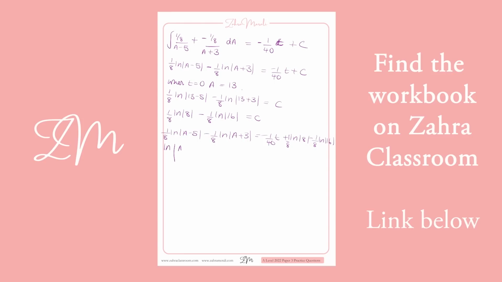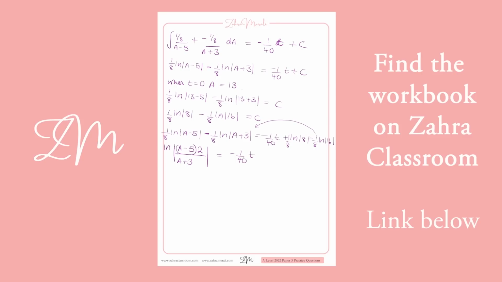So I get ln (a minus 5), the 8s disappear. This is take away, so this goes on the bottom, (a plus 3). I'm going to move this onto this side, and so that becomes ln 16, which I can multiply by, and then I'm dividing by the 8. So actually I'm just timesing that by 2, and I get minus 1 over 40t.